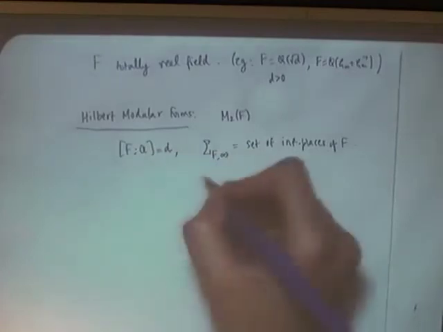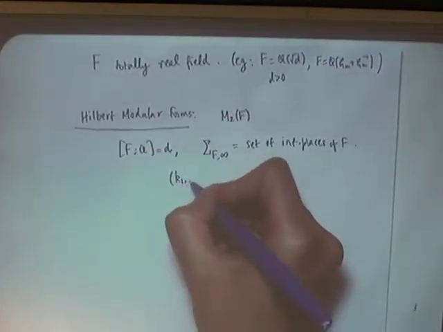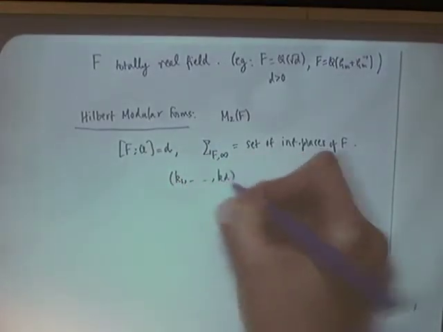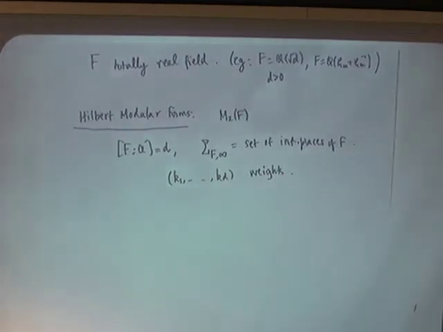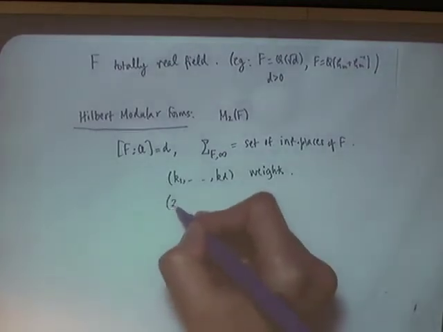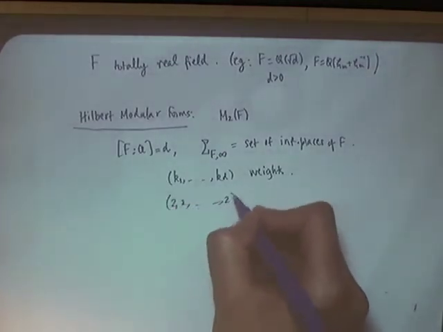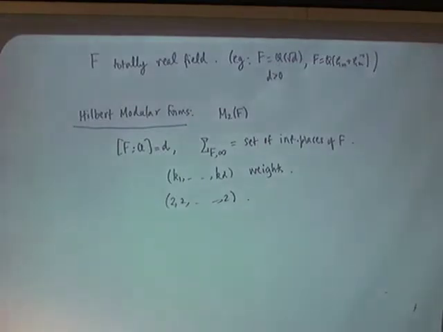So let's say that in general there's going to be a bunch of weights K1 through KD. Okay? And let's just restrict, as we've been doing, to the case of parallel weight 2. So let's just assume that all the weights are 2.